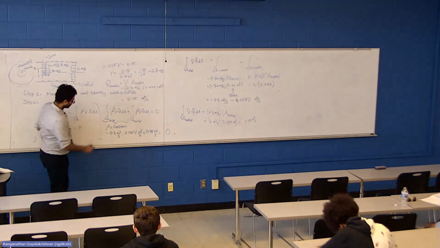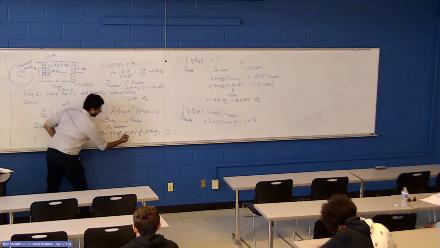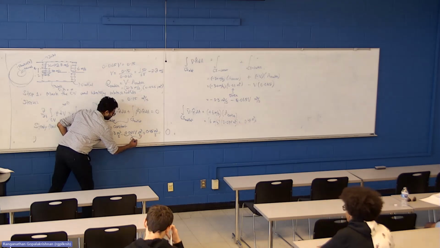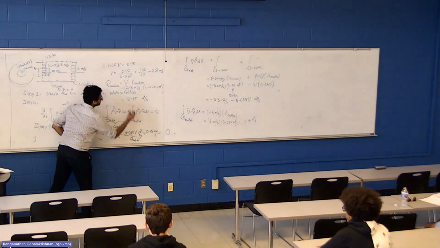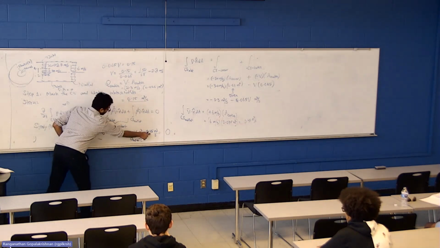This equation is also a balance for Q. So instead of calling this, you can call it Q outer, which is simply 0.45 minus 0.3, 0.15.